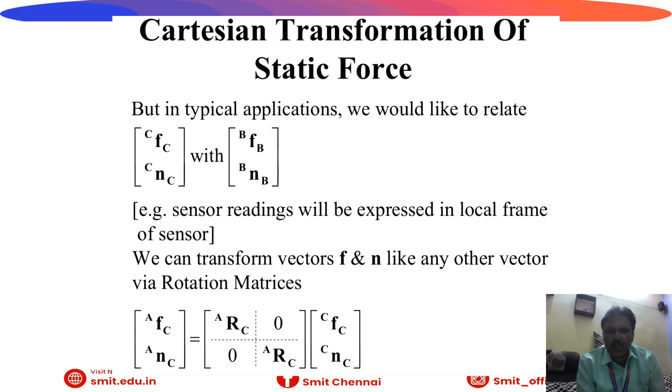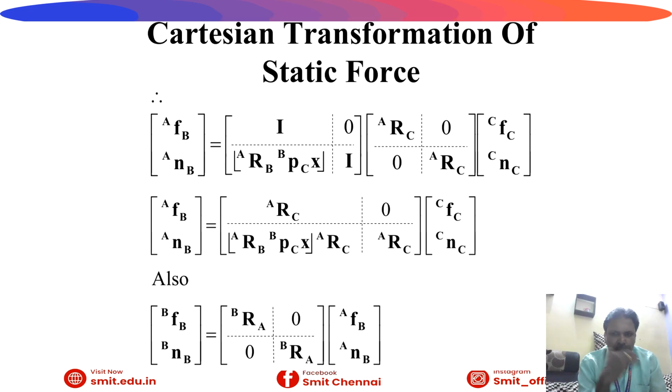We can transform vectors F and N like any other vector via rotation matrices, that is AFC and ANC via ARC, the corresponding diagonal values also ARC, followed by CFC and CNC. So this we already wrote as a Jacobian matrix, and the distance coverage, that is the multiplication, we have also noticed here.